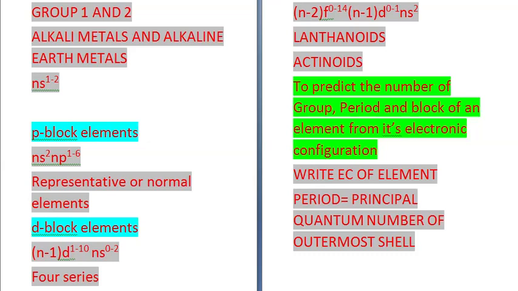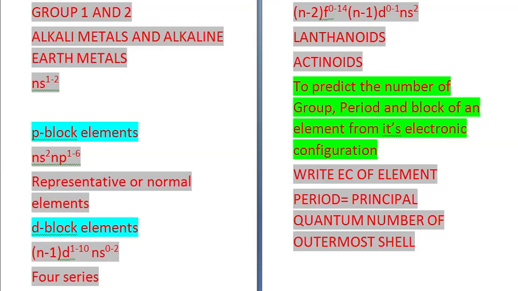So easily they can accept electrons from other elements. They are good catalysts and their ionization energy lies in between s block and p block elements. So this was the d block elements. Next is f block elements.